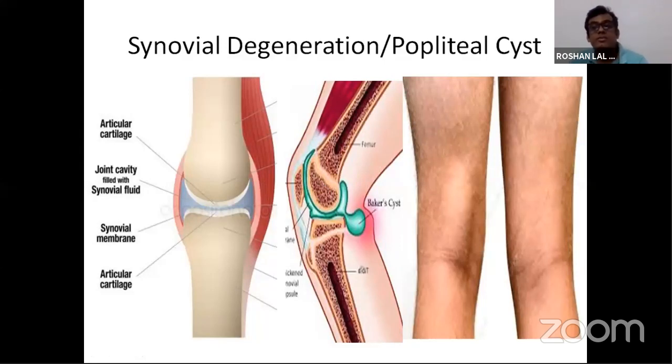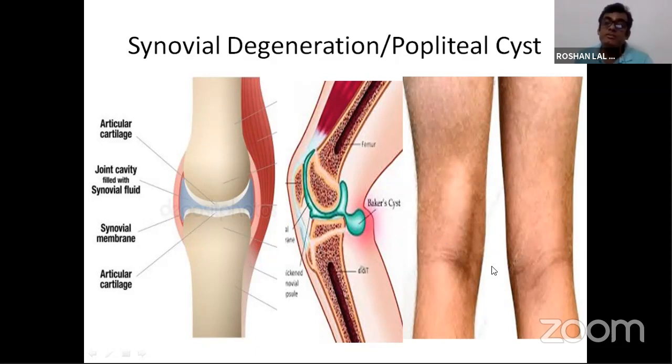Synovial degeneration or popliteal cyst. In patients with knee joint osteoarthritis, some patients show a popliteal cyst. Popliteal cyst is not common in patients with osteoarthritis, but it may be there.